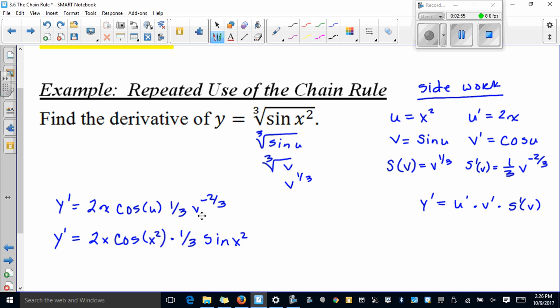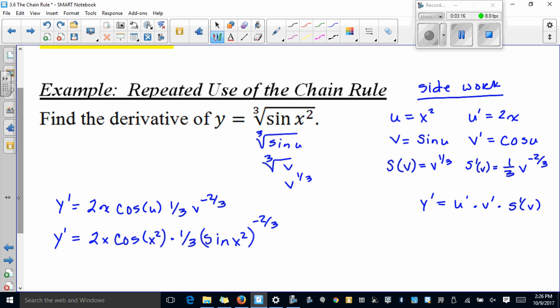And that guy is to the negative 2/3 power. Okay, let's make sure we got everything. 2x cosine of u. Cosine of u and u is x squared. Okay, 1/3 v. V is sine of u and u is x squared. So sine of x squared to the negative 2/3 power.